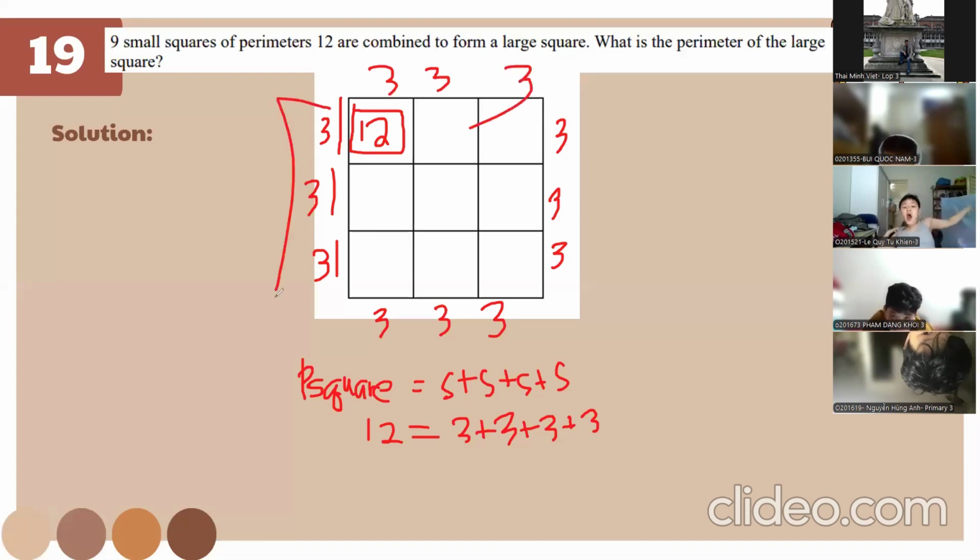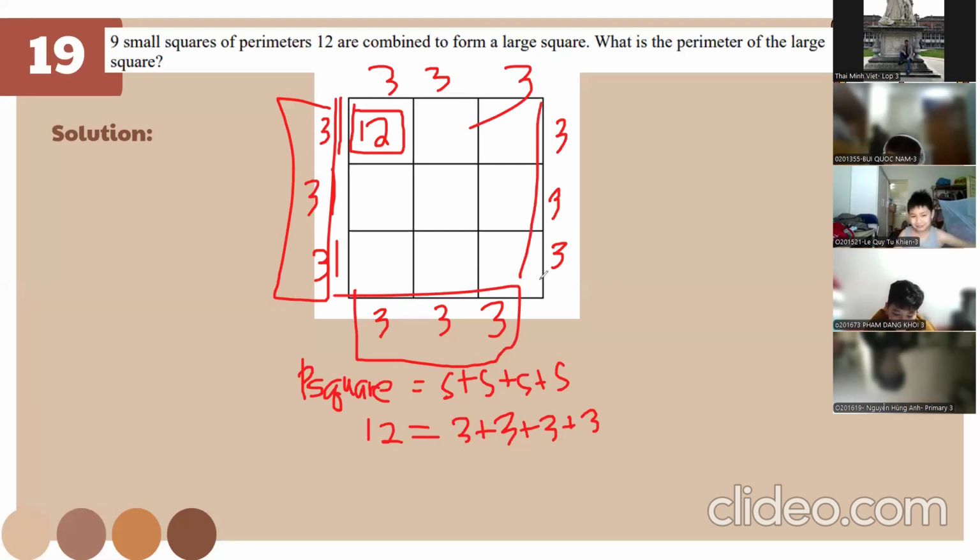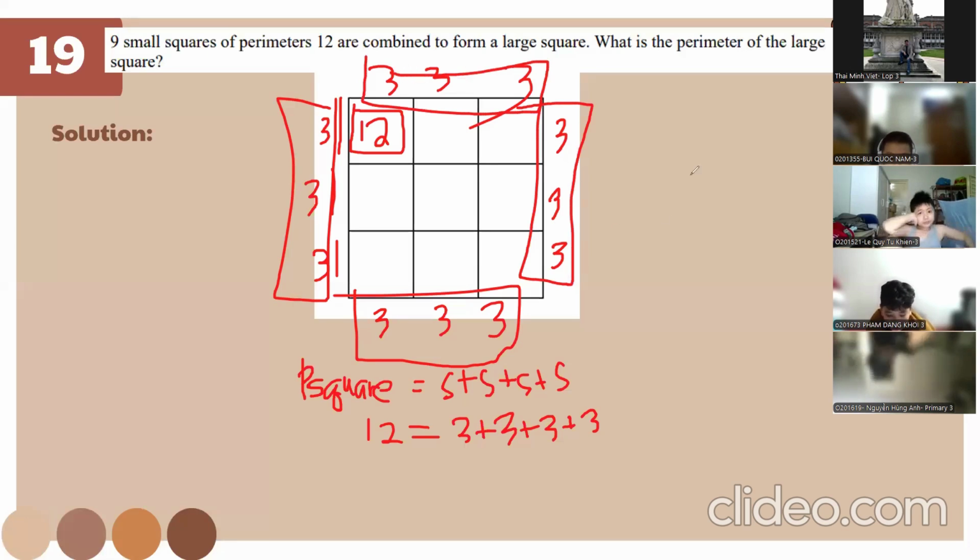So we have 9 here, plus 9, plus 9, and plus 9. So 9 times 4 is equal to 36. Okay, nice.